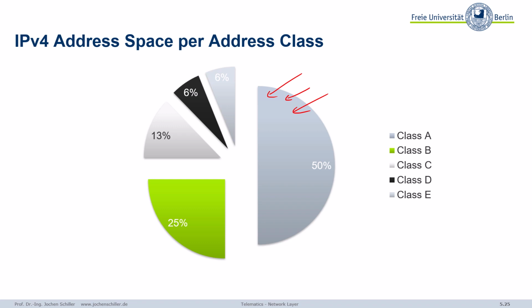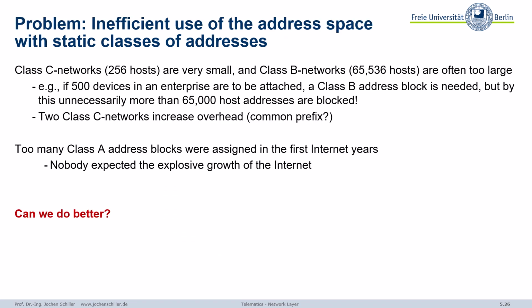But also, if you pick a too small network, for example a class C network, say you're a company and you have 50, 60 computers, fine. Then a class C network is fine. Class B would be way too big. But now the company grows and you have 500 devices.